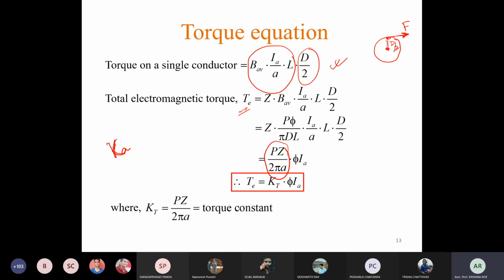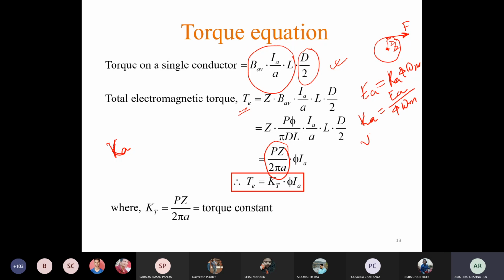But why are we representing this by the symbol Kt? Because see, in the induced EMF equation, this is Ka phi omega m. So what is the dimension of Ka? Ea, that is voltage, divided by phi, that is Weber, and omega m is radian per second.